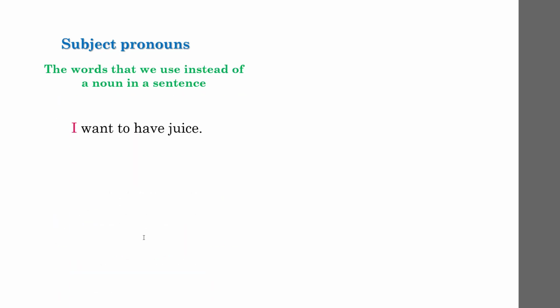Subject pronouns. The words that we use instead of a noun in a sentence. For example, I want to have juice. Here I replaces our name in the sentence. Similarly, we have I, you, he, she, it, we, they as subject pronouns which can be used in a sentence instead of nouns.